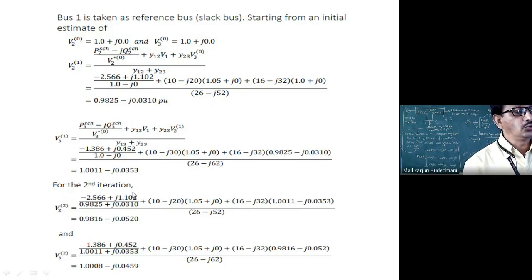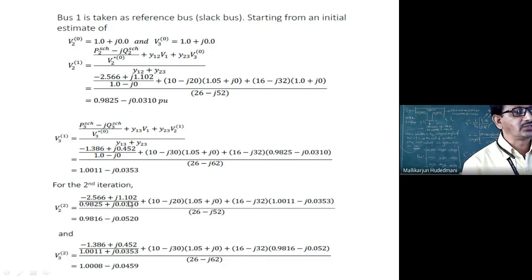For iteration 2, V2 of 2. See the notation. Earlier it was V2 of 1, the first pass. It is now V2 of 2. So you can see here how it is being changed. In the third term, we just observe that numerically Y21, Y23 remain the same, but the magnitude of voltage will change. P2, Q2, has it changed?